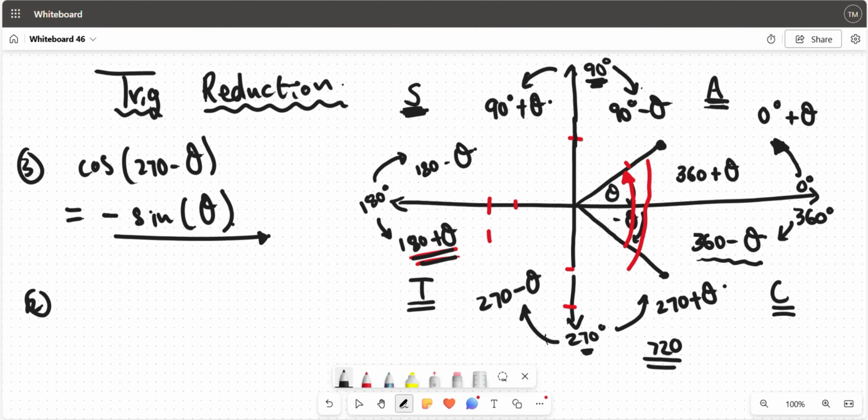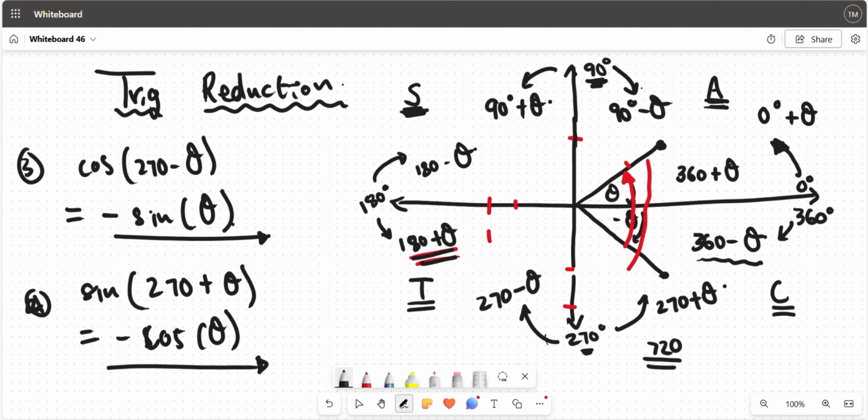And let's do one last one, number 4, sine of 270 plus theta. Then for this one, I would know that it takes me into the last quadrant, but sine is negative in the last quadrant. So this becomes a negative cos with a positive theta angle. And there we go. So this is how these co-functions work.